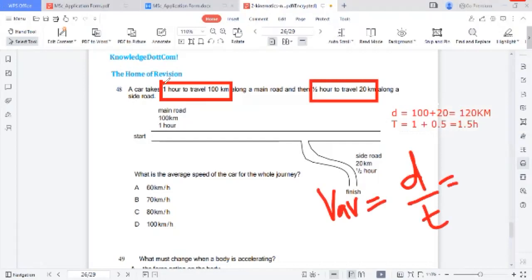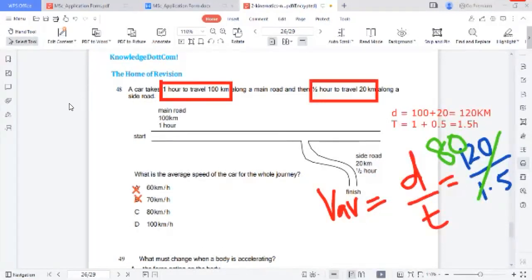Total distance is 120 kilometers divided by 1.5 hours. So our answer is 120 over 1.5 hours, which is 80. So the correct option is... 60 is incorrect, 70 is incorrect, 100 is incorrect. So we have 80 here, which is the correct option.